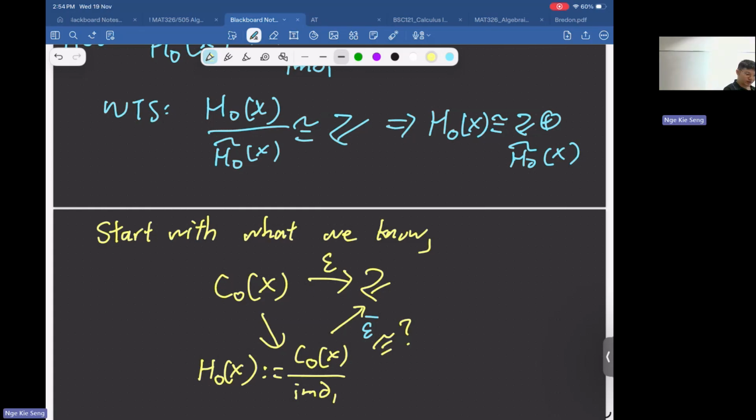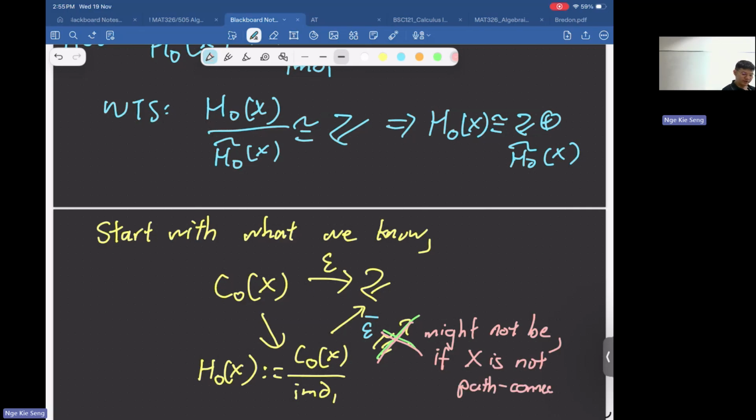So this might not be isomorphic. Okay, so we cannot use the first isomorphism theorem. Might not be if S is not path connected. But we want to build a map here, and there will always be a map here.